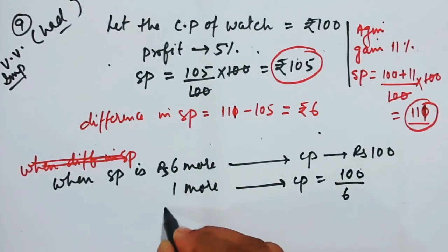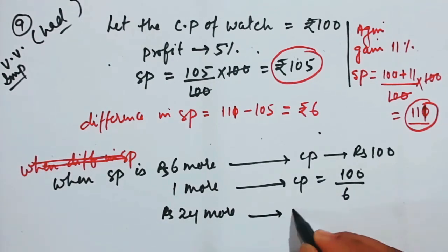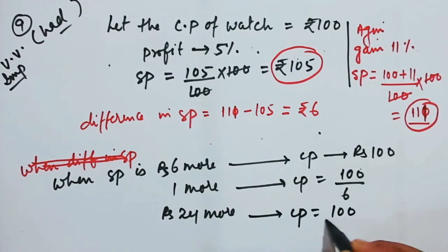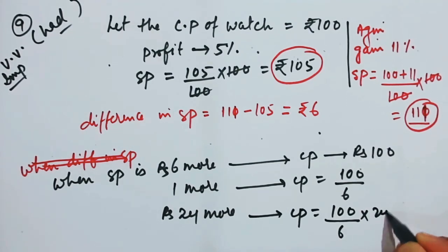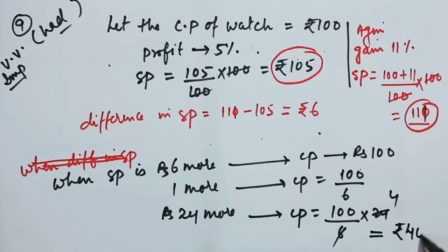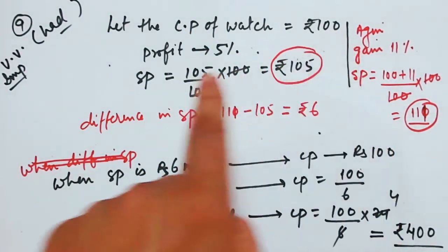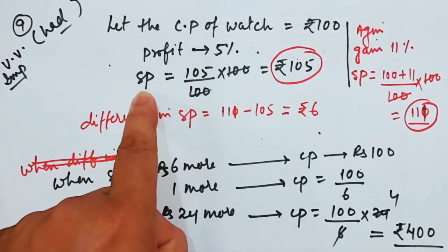When the selling price is rupees 24 more, my cost price will be 100 by 6 times 24, which will give you a value of rupees 400. I hope this is clear. So when the cost price is 100, first the profit was 5%, find out the selling price.